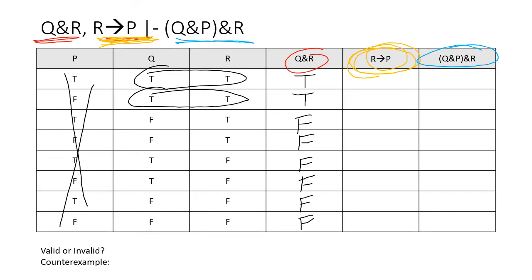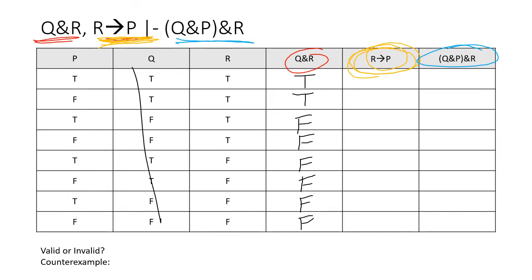And then with this arrow, we have R arrow P. As I've said multiple times, you gotta make sure that you're reading this the right way. R is on the left side of the premise, P is on the right side of the premise, so we want to use this as our left side or our antecedent, and we want to use this one as our right side or our consequent.